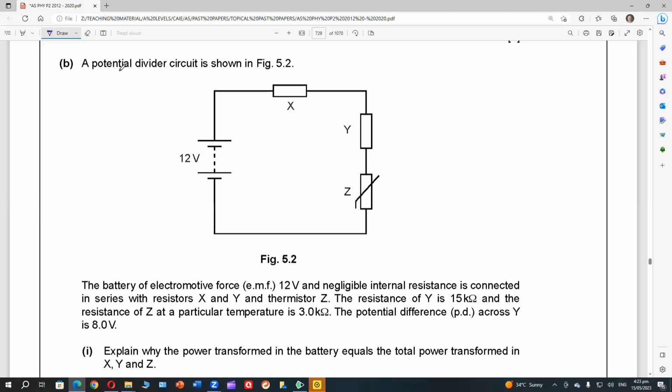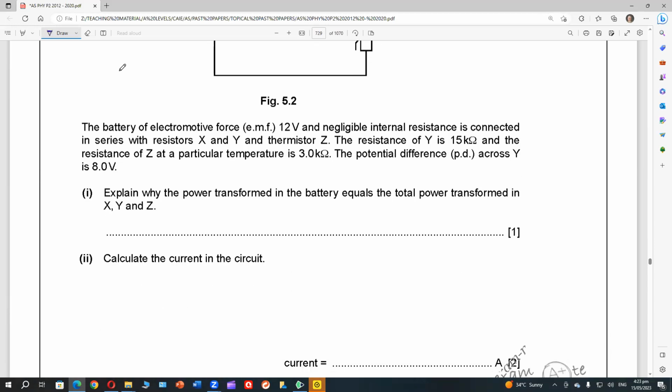The potential difference across Y is 8 volt. Explain why the power transformed in the battery equals the power transformed in X, Y, and Z. Because the examiner already says the internal resistance is negligible.